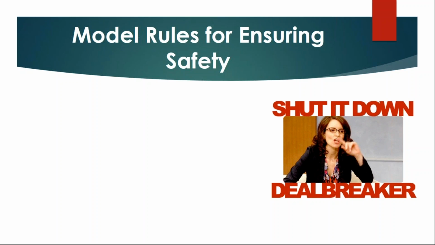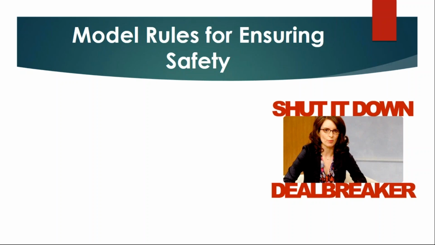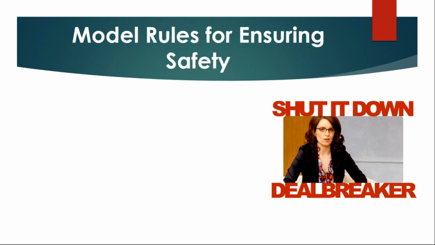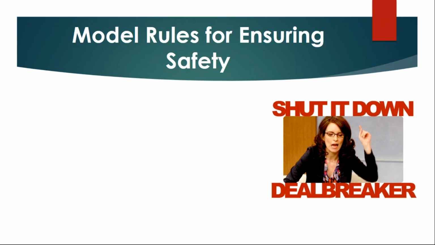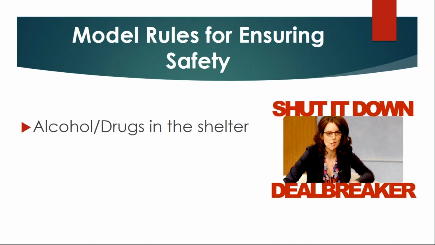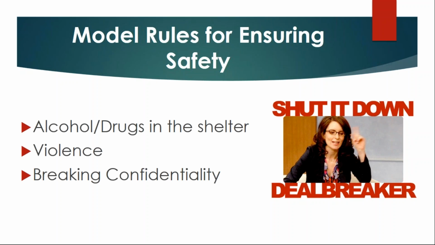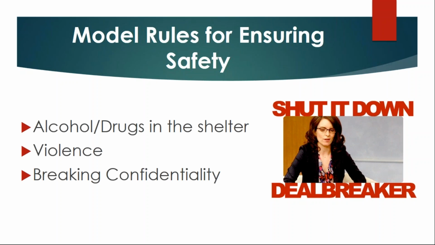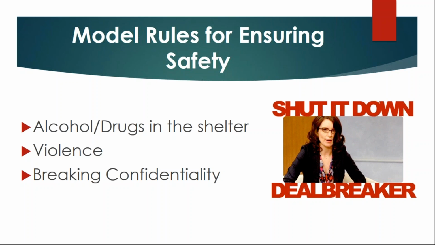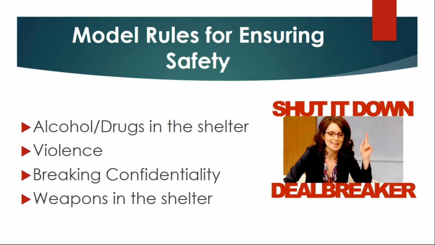These are the pieces where an exit from shelter is or may be needed, okay? These rules include no alcohol and drugs in the shelter, no violence in the shelter, not breaking confidentiality of the shelter location or of other residents within the shelter, and not bringing weapons into shelter.